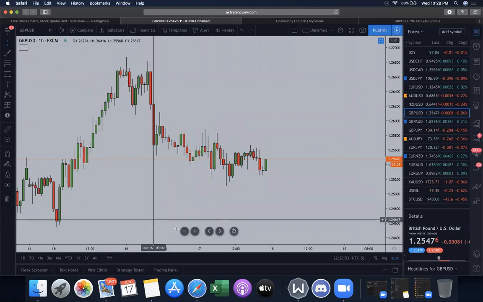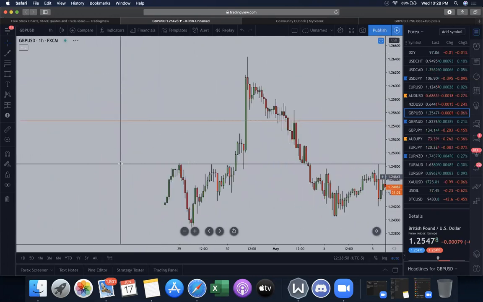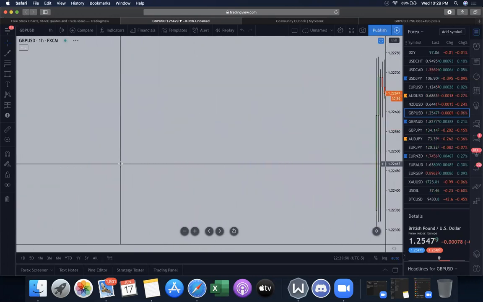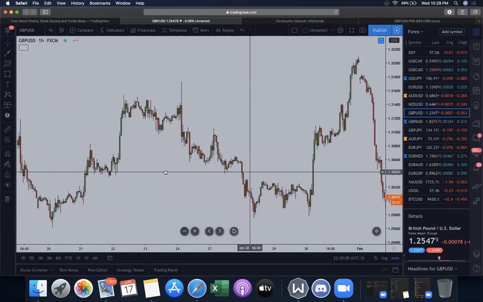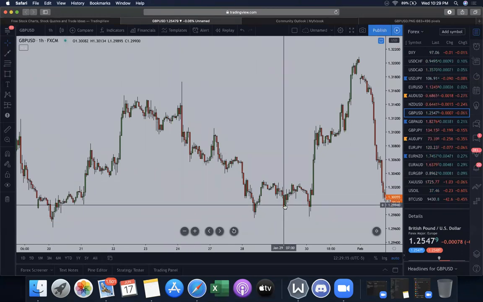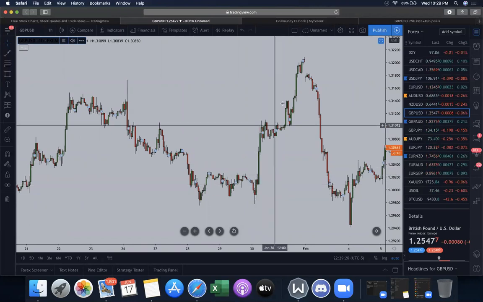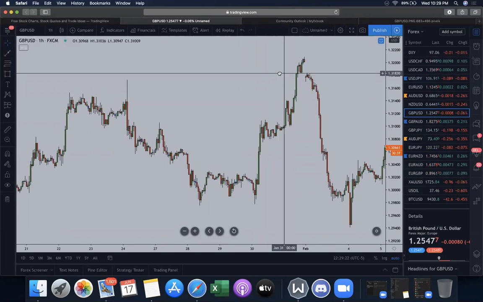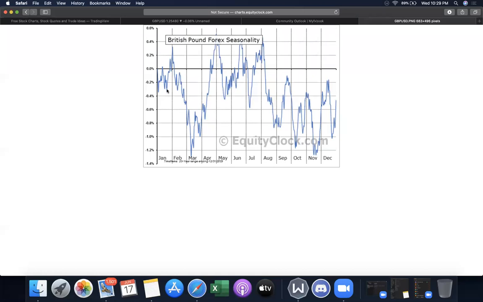Okay, let's do this. So we're gonna go back to January. We have a lot of just up and down consolidation. And then right here, you can see end of January, this huge, crazy bullish run up to about February 1st or 2nd.